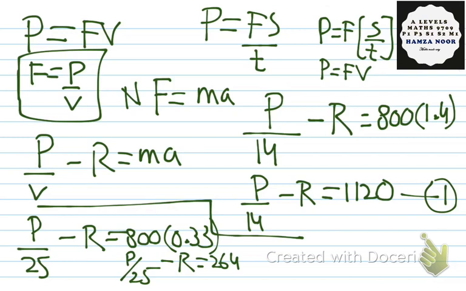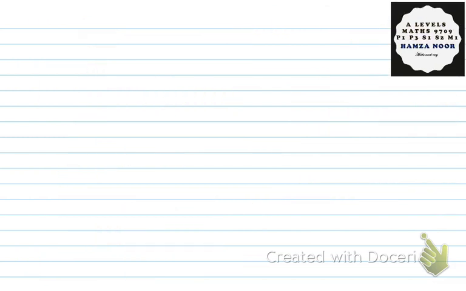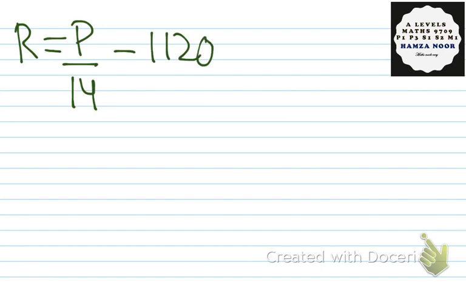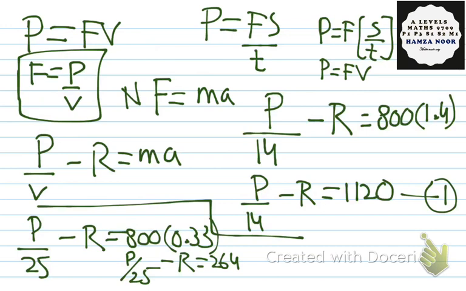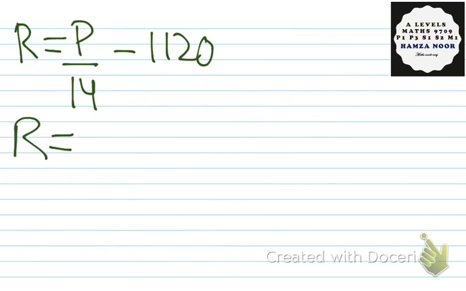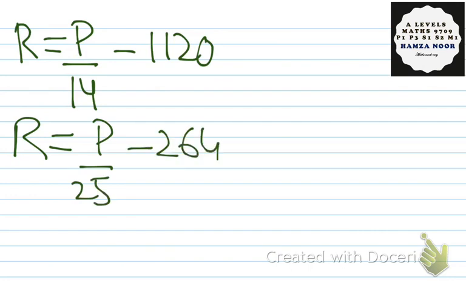So R is equal to P over 14 minus 1120, and R is also equal to P over 25 minus 264.